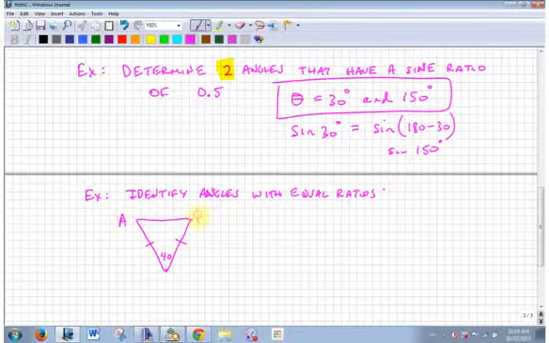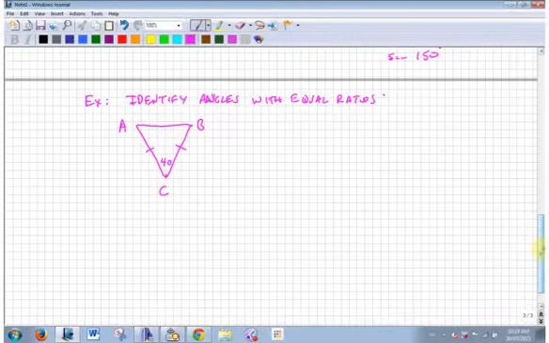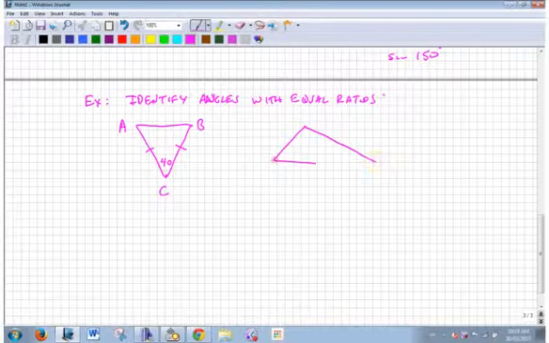There's triangle A, B, C. Here is triangle D, E, F. Excuse me. And here is triangle GHI.